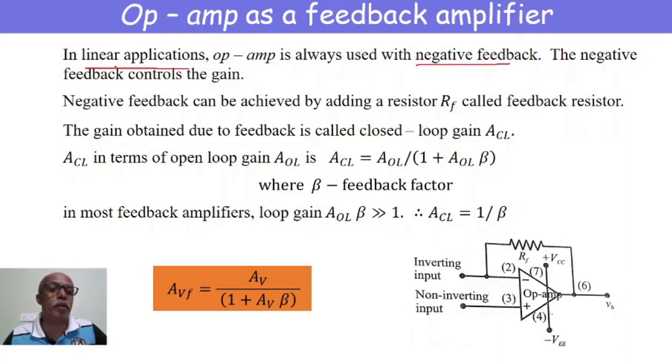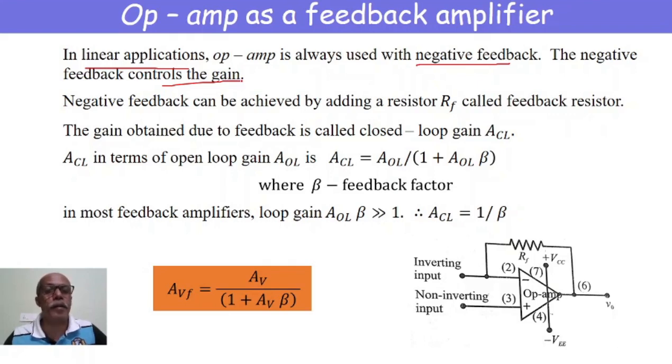Linear applications are such as op-amp as inverting amplifier, non-inverting amplifier, summer, differentiator, integrator, etc. In all these cases, op-amp will be used with negative feedback only, because negative feedback controls the gain of the op-amp.